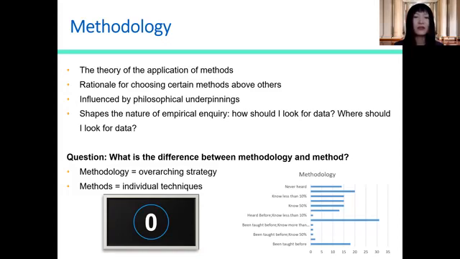So those interviews are the techniques, the most observable element. Whereas the overarching strategy behind the interview is the qualitative methodology. The qualitative methodology is the strategy behind the interview method, and it guides the interview method.